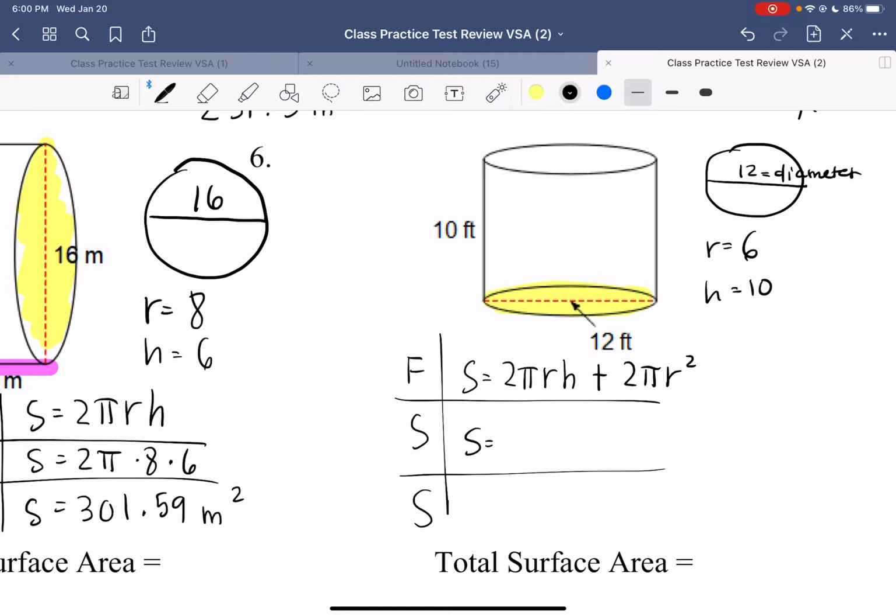So surface area equals 2 times pi times 6 times 10 plus 2 times pi times 6 squared. You should get 603.19, and that's feet squared.